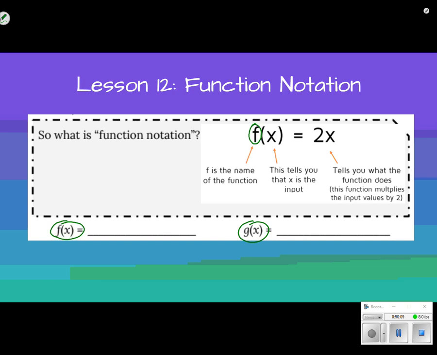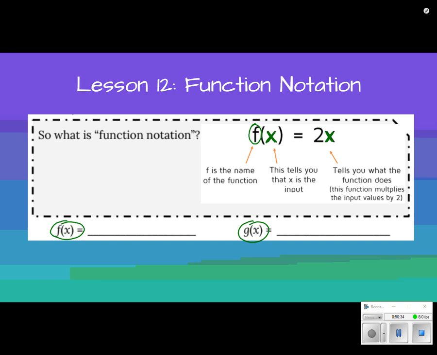It's the function's name. This x inside, just like we had hearts and smiley faces, is going to tell you what to input for the variable x. And this is a place for you to put a number, to work it out, to take your number, in this case multiply by 2, and get a value.